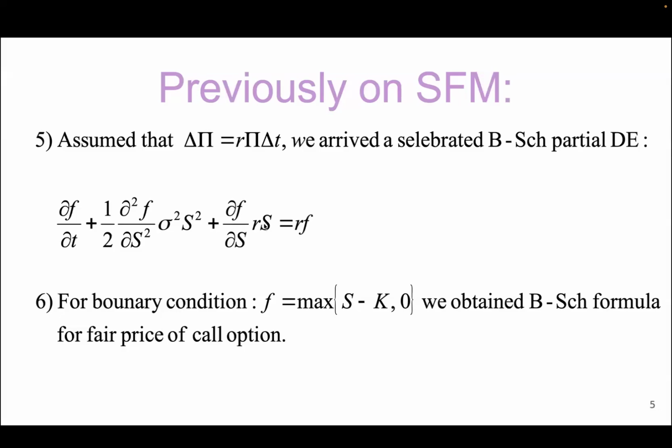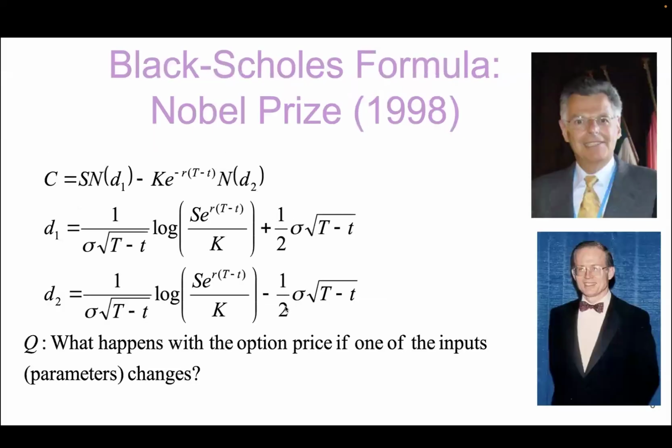For a solution, we need to know the boundary condition, which is the payoff function, and we repeat it now. You remember Feder said about that. It's the function maximum between this and this. Okay, so in this way, we arrived at the Black-Scholes formula.